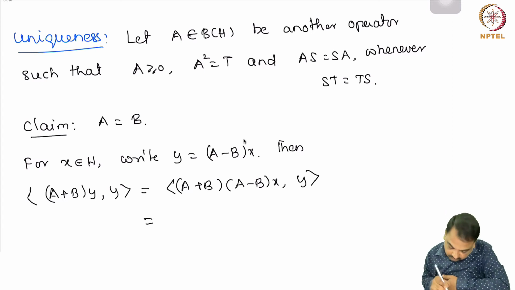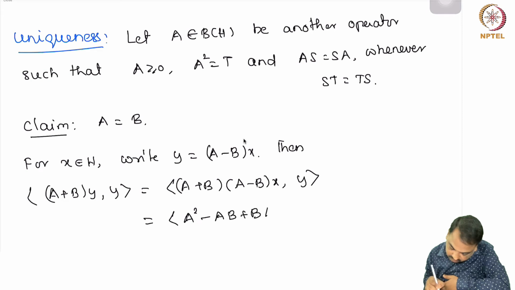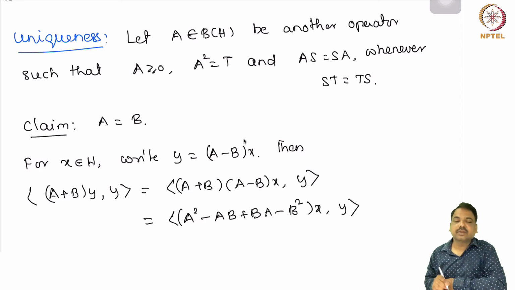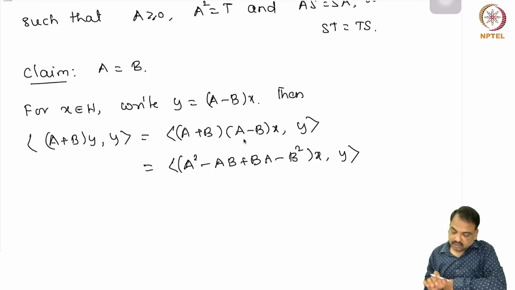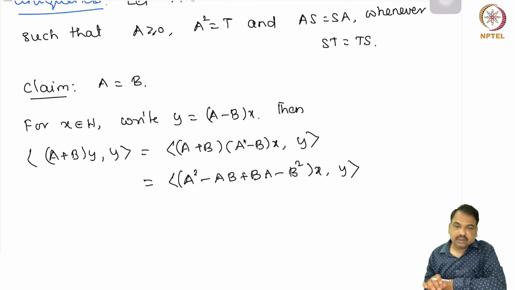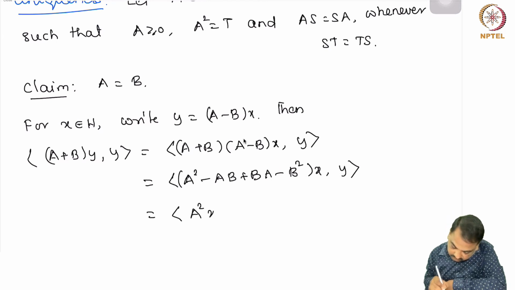Now, this is A square minus AB plus BA minus B square, inner product with y. Now we know that A commutes with any operator that commutes with T. Now T commutes with T itself, and T commutes with B, so A also commutes with B. So because of this reason we can say that (A square x minus B square x, y).